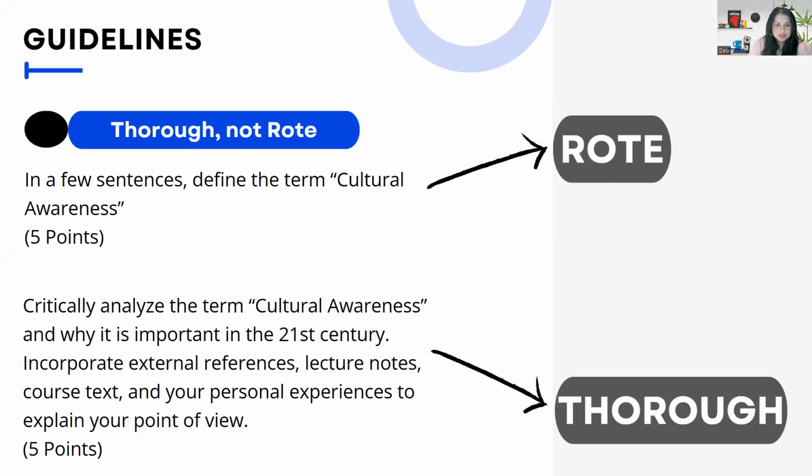Incorporate external references, lecture notes, your course text, and your personal experiences to explain your point of view. So you can see that one of them is more yes or no, and the other one is a lot more indicative of the students' personal experiences, and it's a lot more thorough in terms of its learning.